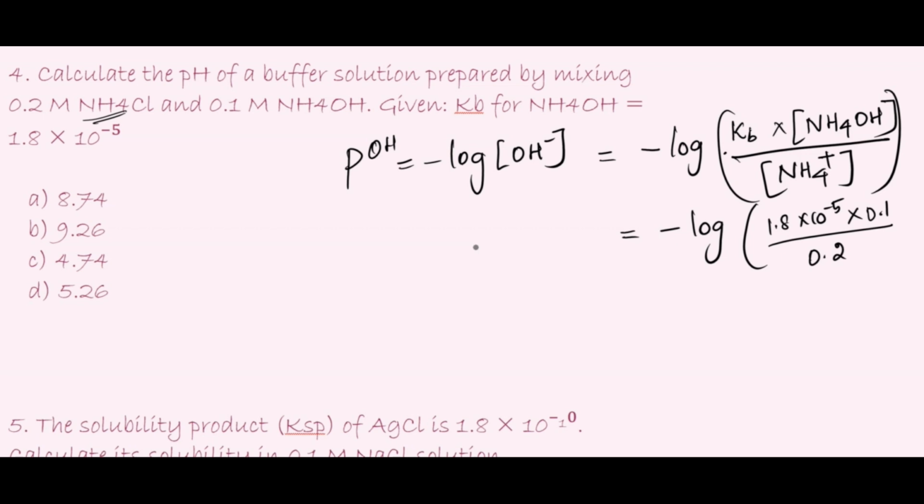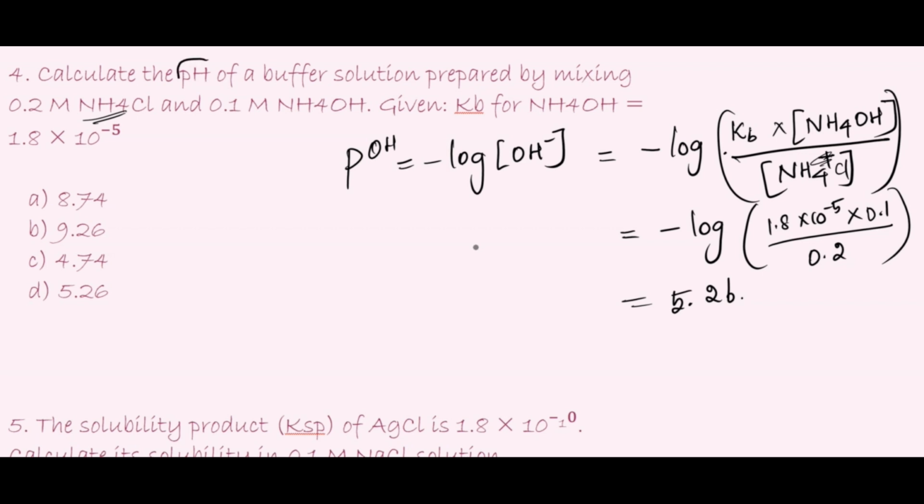I'm taking ammonium as ammonium chloride salt only, so you can take ammonium chloride also, no problem. So the formula is Kb into base divided by the salt, right? So just substitute the values and find the final answer.